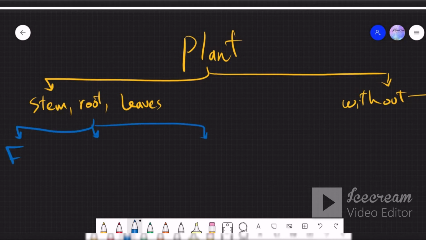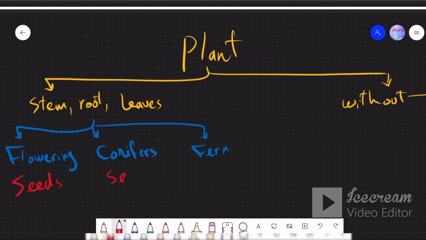The flowering plants, which make flowers, and the coniferous plants, which do not make flowers, of course, and ferns or horsetail plants. Of course, guys, flowering plants reproduce by seeds, and coniferous plants also reproduce by seeds.